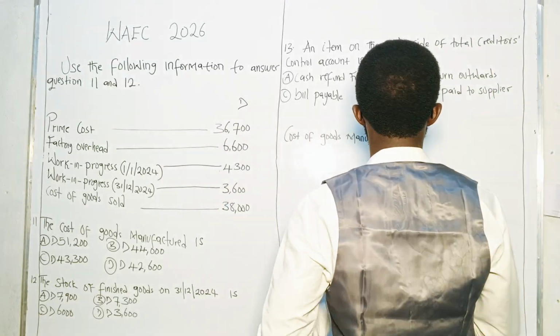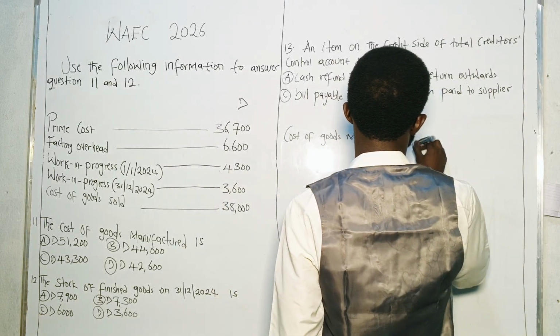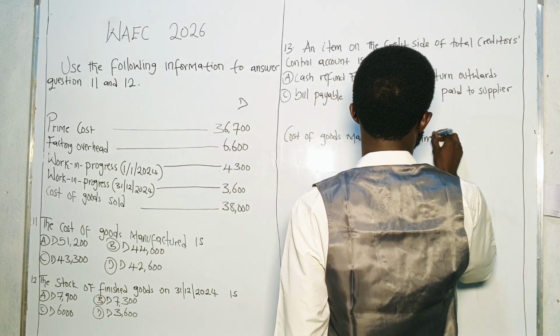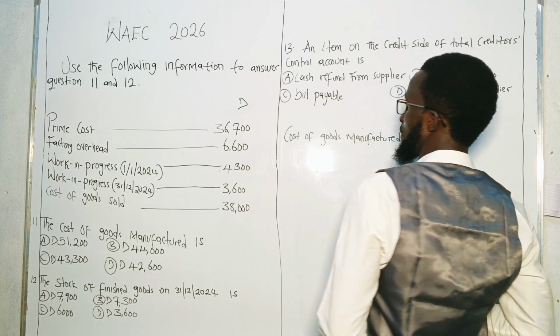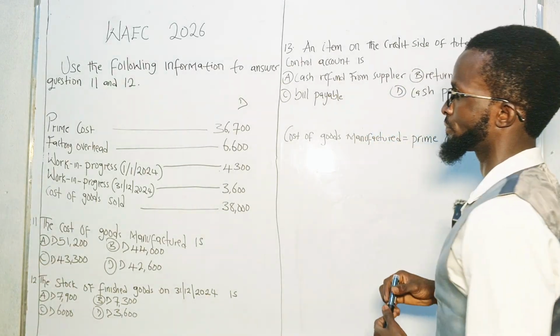prime cost, which has to be included, it's part of it. Prime cost is the direct cost.